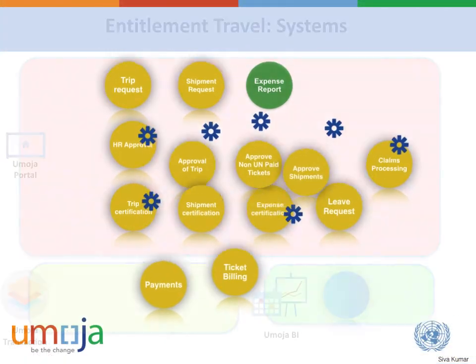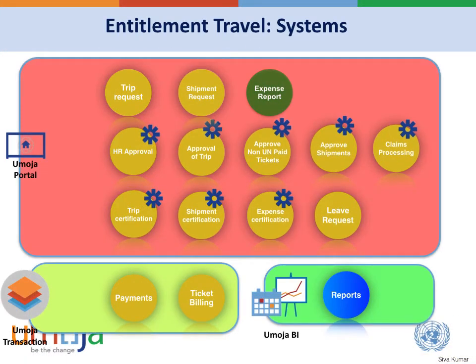And also, if you plot these processes across the systems, you will get a very good feeling. The travel is heavily loaded on the Umoja portal side, because most of the functions are self-service functions. So the difference between a self-service and a back-end operation in SAP is that all the validations, approvals and verifications on the portal side happen proactively, versus in the back office in SAP, where it happens reactively.